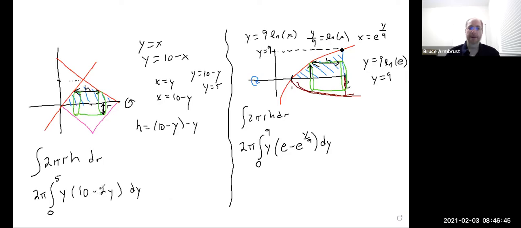Obviously, we have different things defining our heights and all that, but it's really the same idea. And usually when you're rotating about the x or y axis, your radius is going to be either y or x, depending upon which one. It gets funky when our axis moves off of one of the coordinate axes.